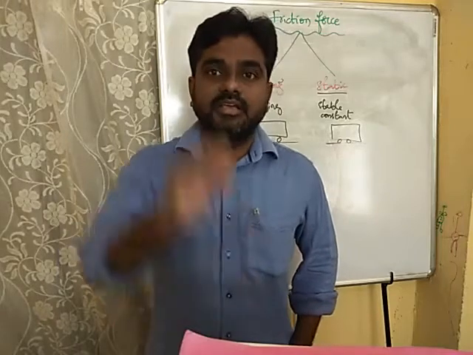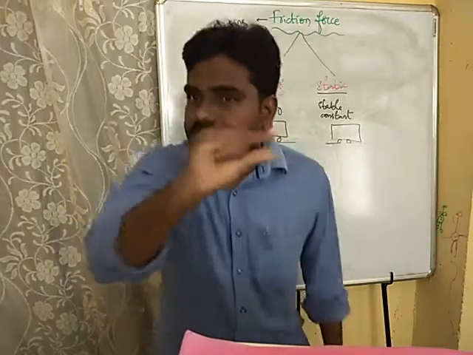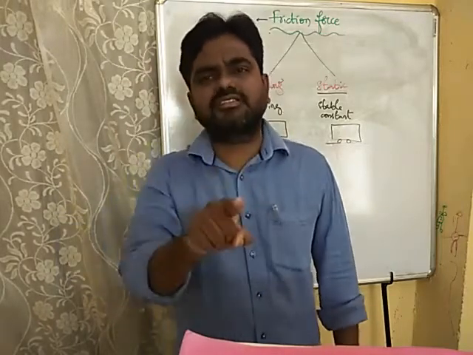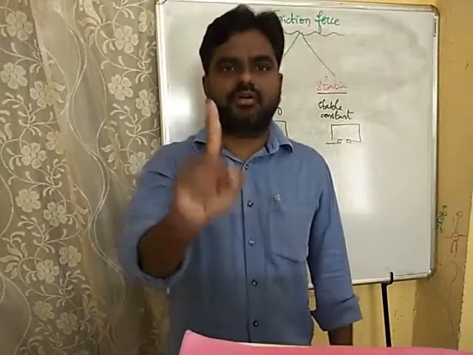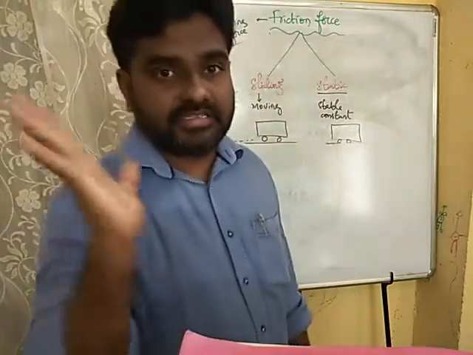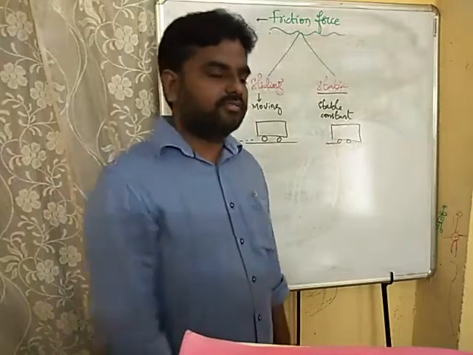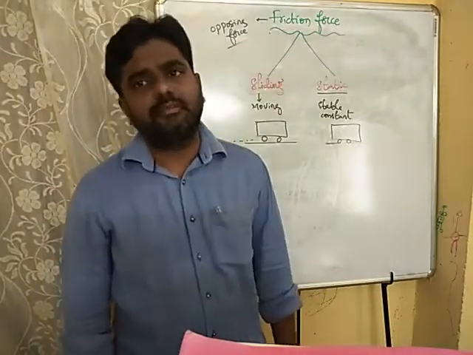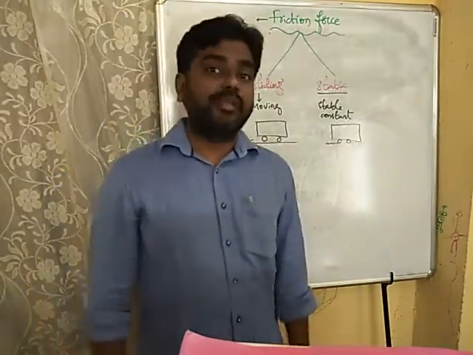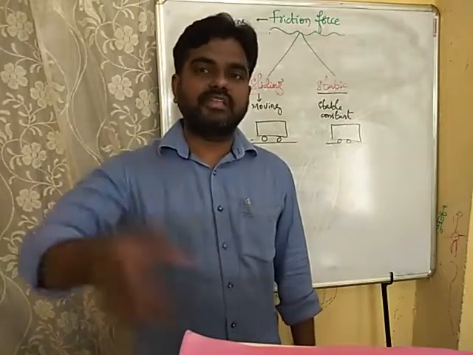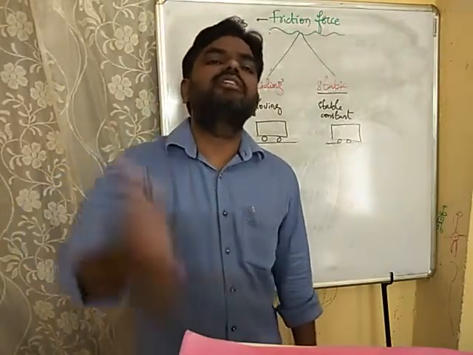Some grease, some oil. These types of materials which reduce friction are called lubricants. Most probably in industries, machinery or factories, lubricants are used to make the machines run very smoothly.